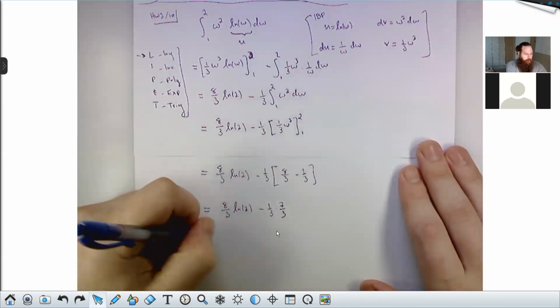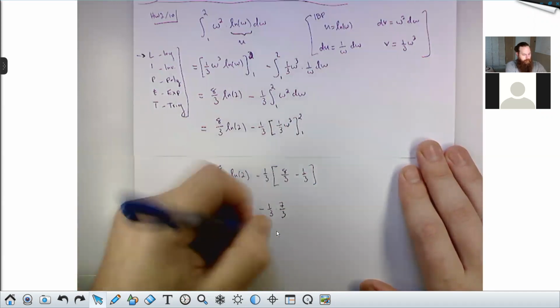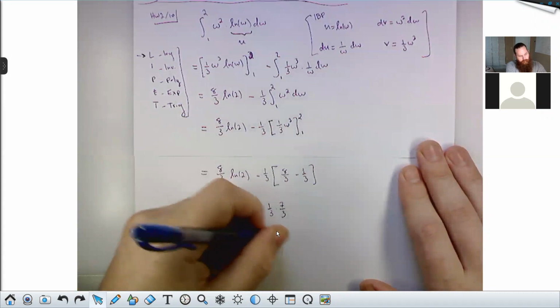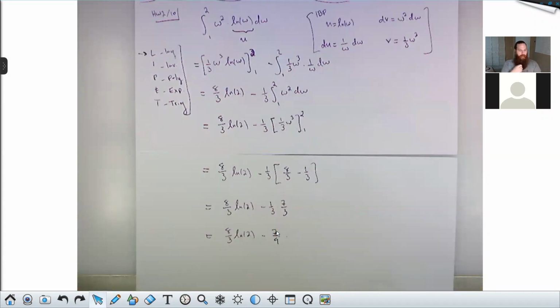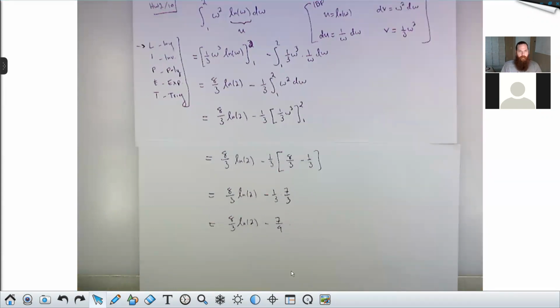So I guess if you really wanted to, you could write that as 8/3 ln 2 minus 7/9. And that's it. Of course, there's no plus c here because this is a definite integral. Our answer should just be a number.